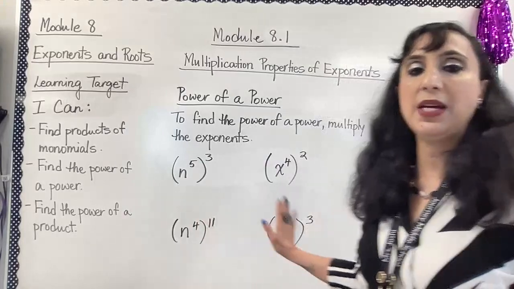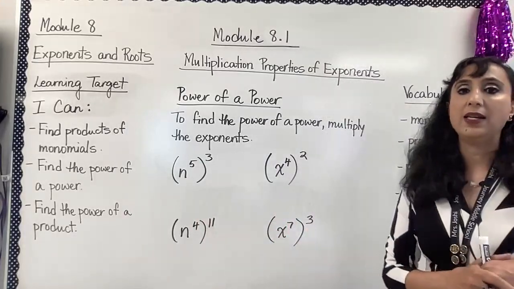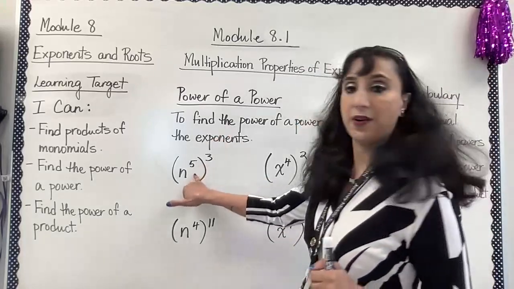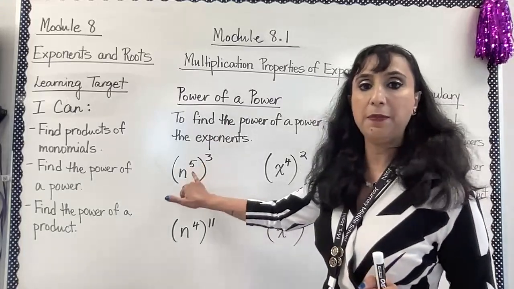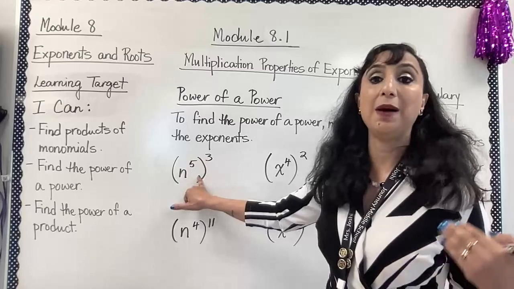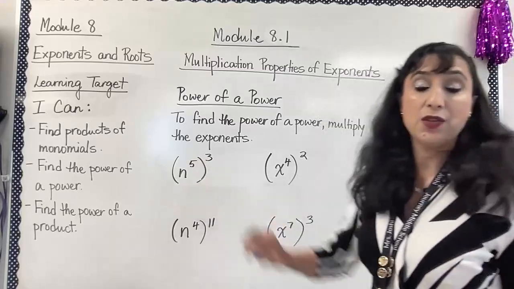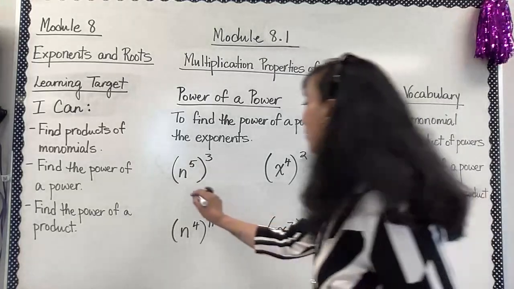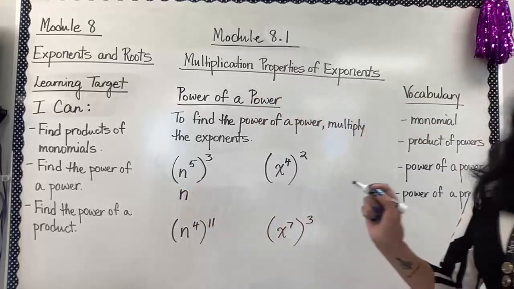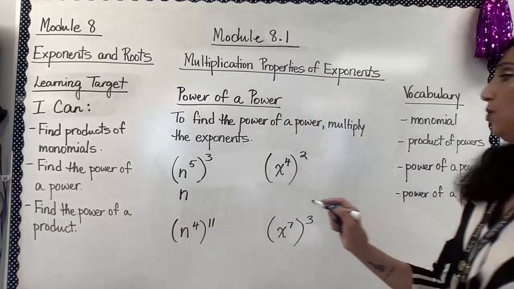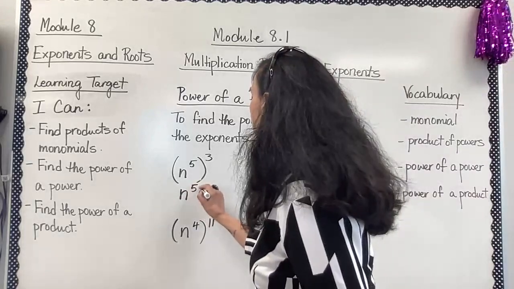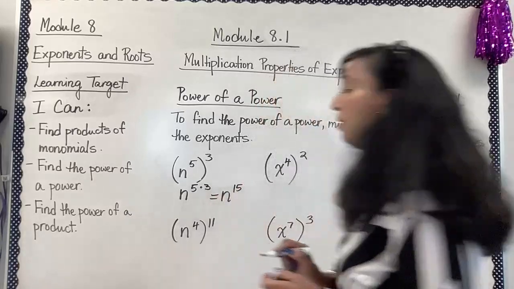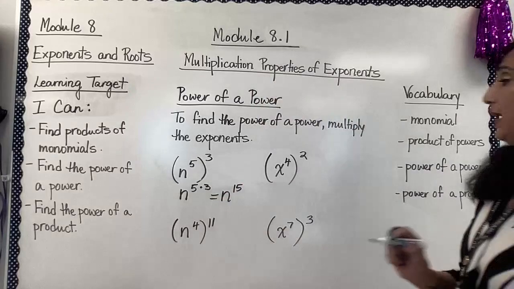So here are some examples. And once again, to find the power of a power, all we're doing is multiplying the exponents. So I am going to take n, and we're going to use the power of a power property over here. This is just going to be 5 times 3, and so therefore n to the 15th power, and that is my answer.